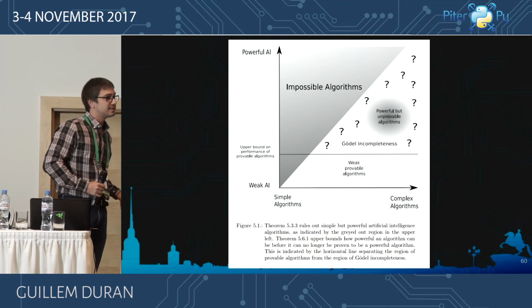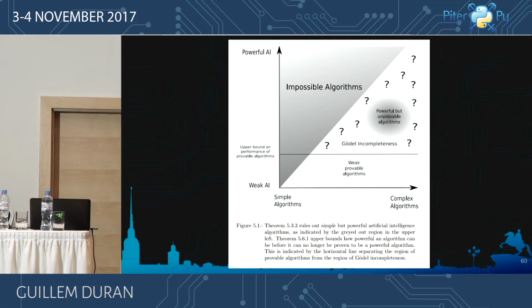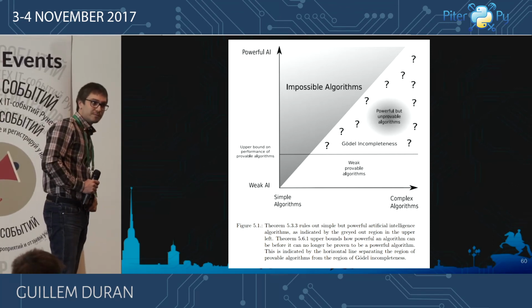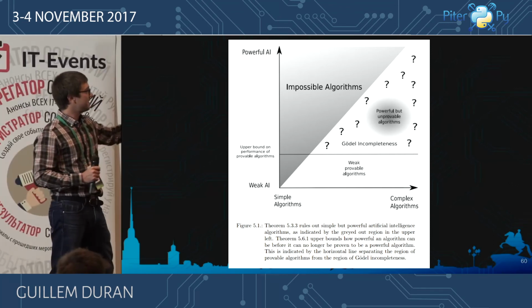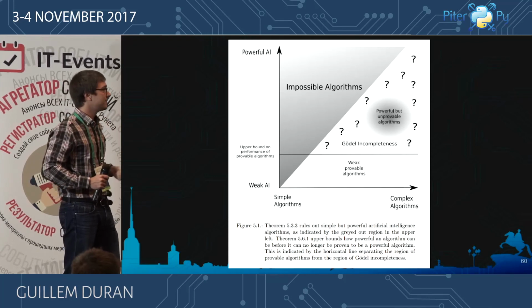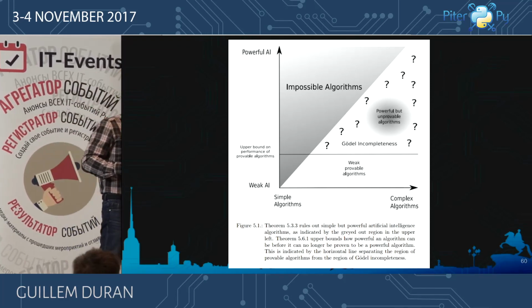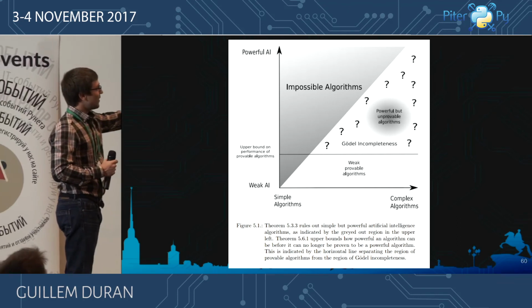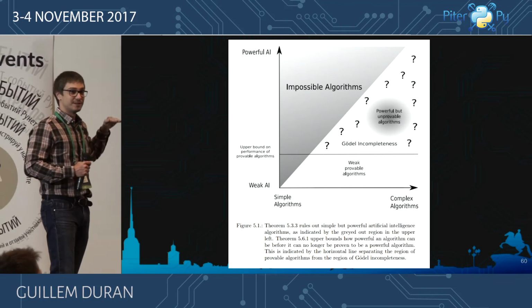Well, it basically says that we are in this lower region with weak provable algorithms. I mean, this guy, what he did is he found 2 theorems. One telling you that there is no simple algorithm that performs super well, but what you can prove has a limited performance.